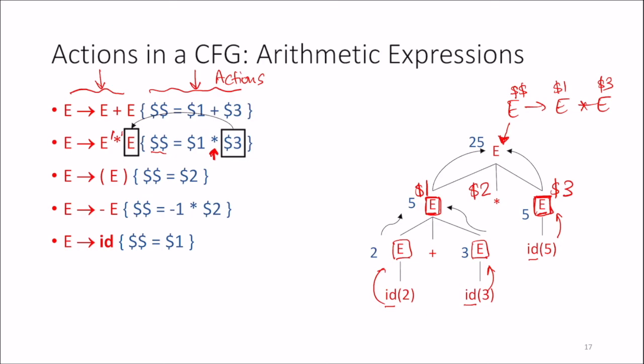And you can take the value 5 times 5 and then compute $$ equals 25, and that gets passed up. And when you go to the root of this tree, it will give you the end result of this arithmetic expression evaluated for you using this context-free grammar.